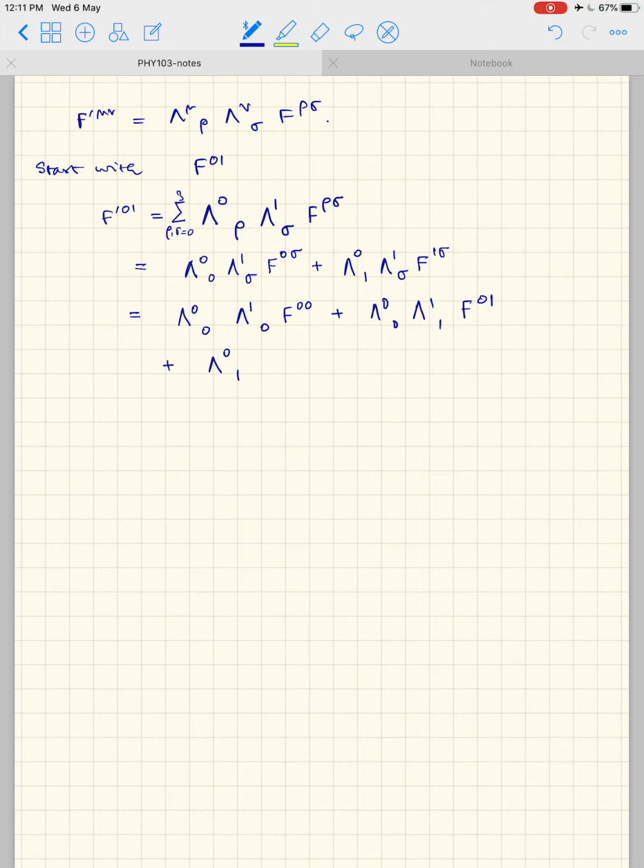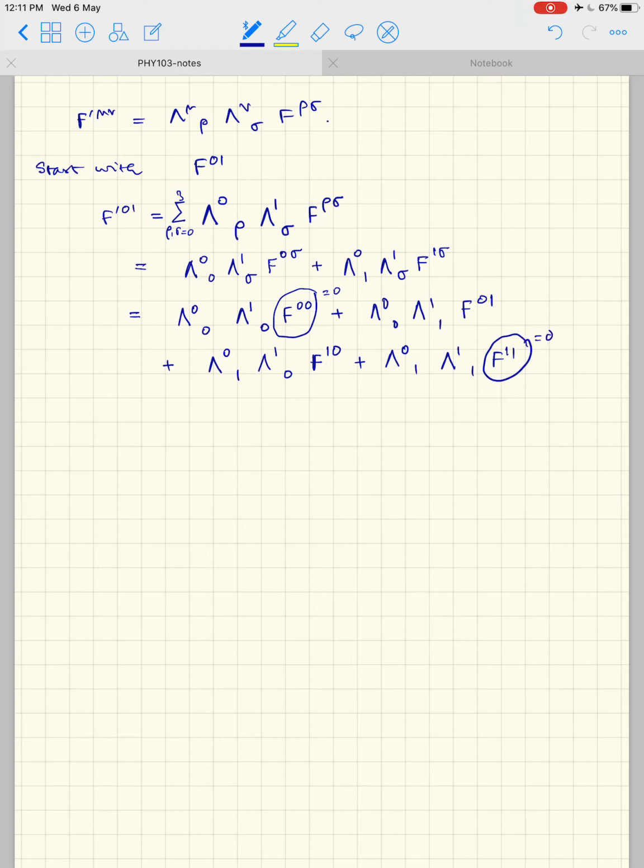So the second one is going to be lambda 1,0. Now we put sigma equal to 0, f1,0, plus lambda 0,1 lambda 1,1, so that's f1,1. Now we need to keep in mind that f0,0 is equal to 0 and f1,1 is equal to 0, right?